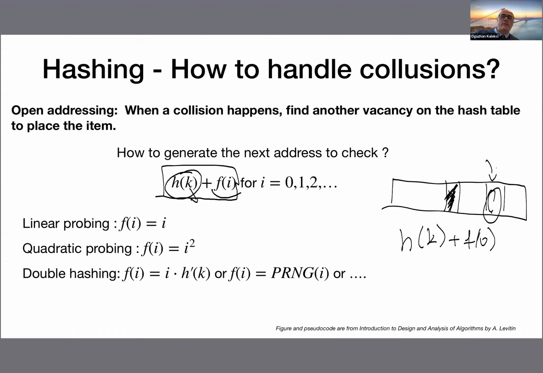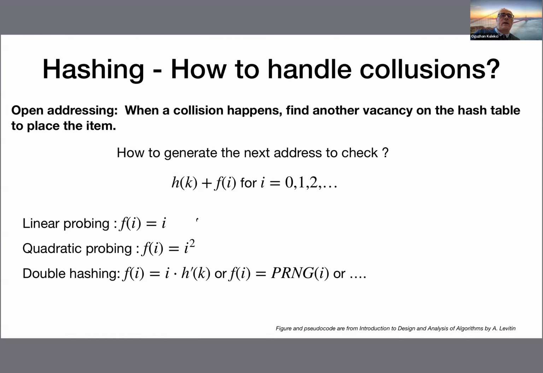If it is occupied, then you check HK plus F1. If it is occupied, HK plus F2. A very simple way for this F function is to assume Fi is equal to i.